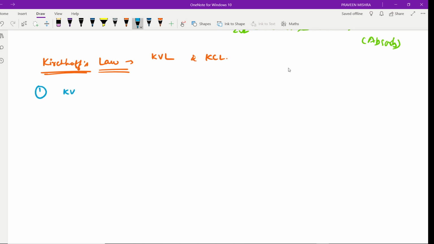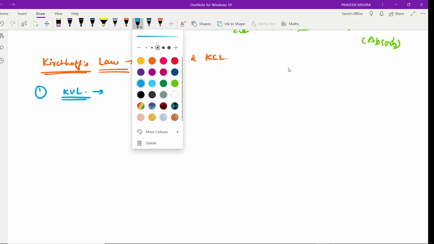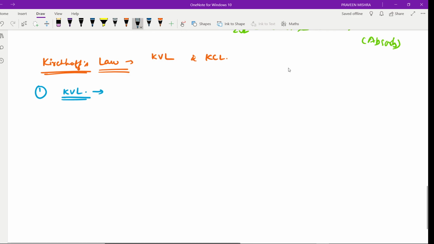What is KVL? According to KVL, the total voltage across any closed loop will be zero.